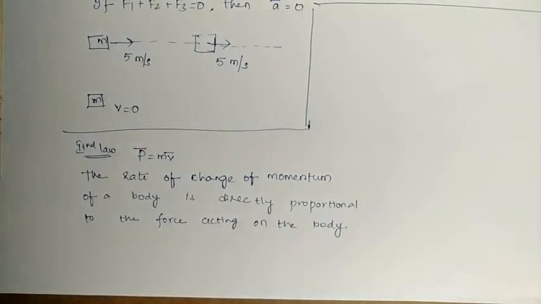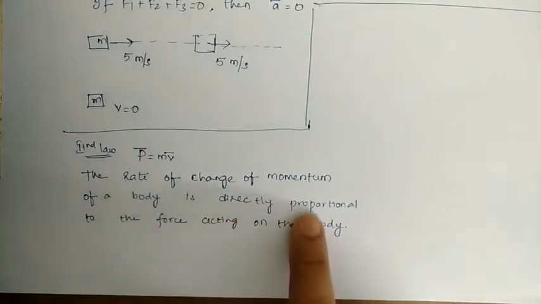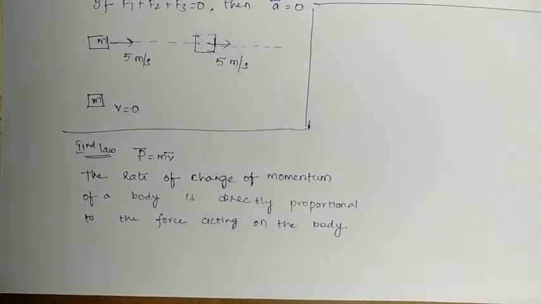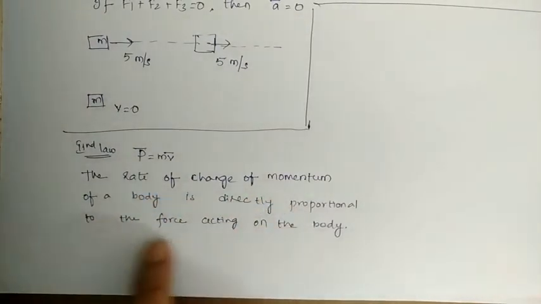If we are not thorough with the calculus, this rate of change and all those things, in the end we'll get to a simple relation between the force and acceleration. If you do not have a proper idea of the rate of change of momentum, then the end result of this Newton's second law will be directly helpful and very easy to understand in many ways. But for a few situations, you may have to use this method.